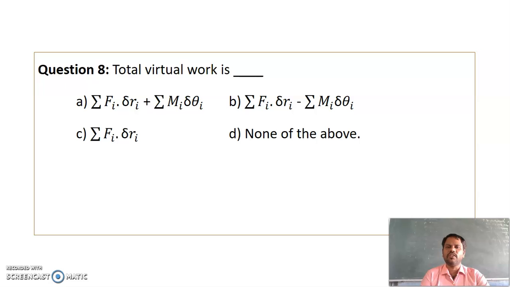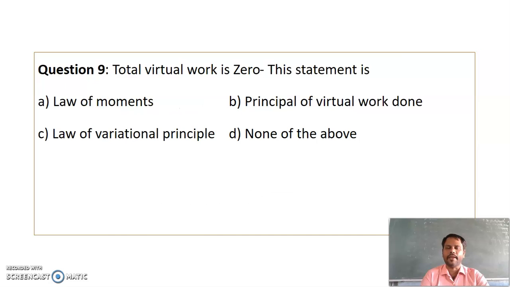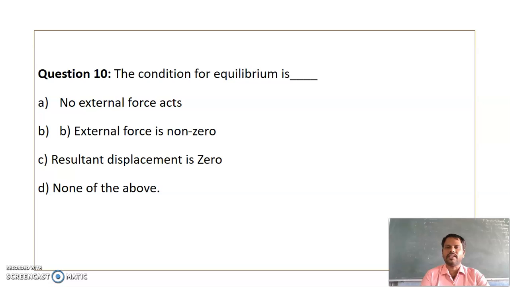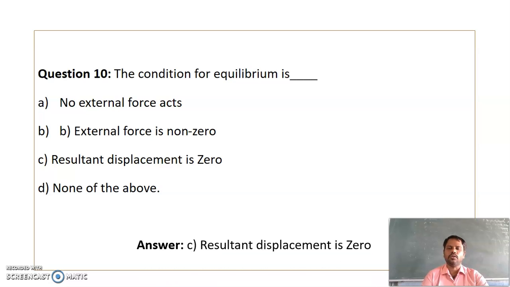The total virtual work is the sum of linear virtual work and angular virtual work, so the answer is option A. Question number 9. The total virtual work is 0. This statement is the principle of virtual work. Question number 10. The condition for equilibrium is that the resultant displacement should be 0. So the answer is 0.